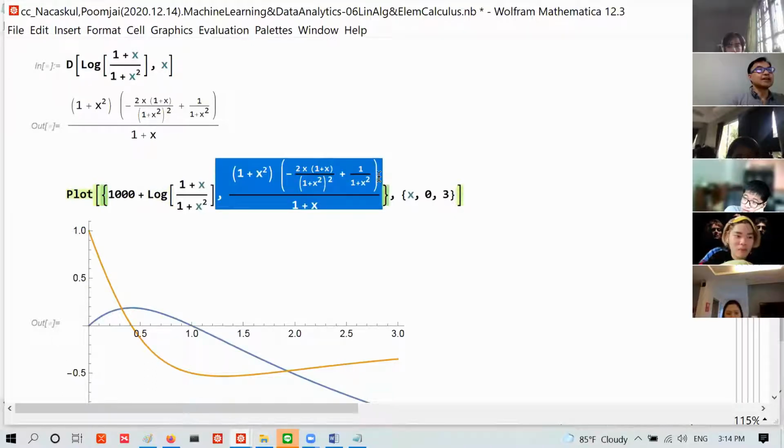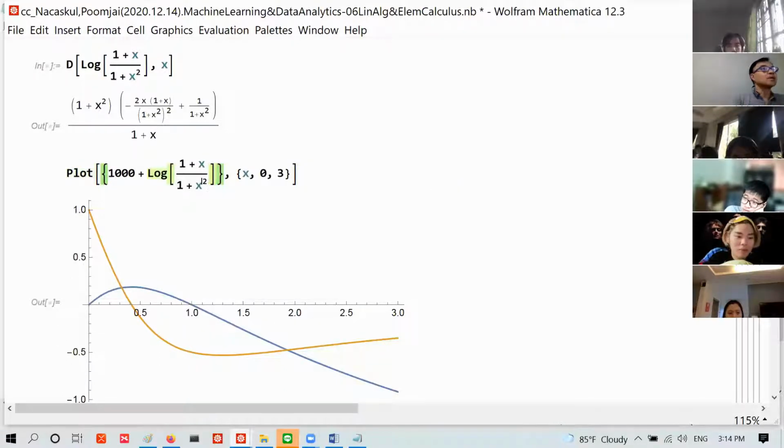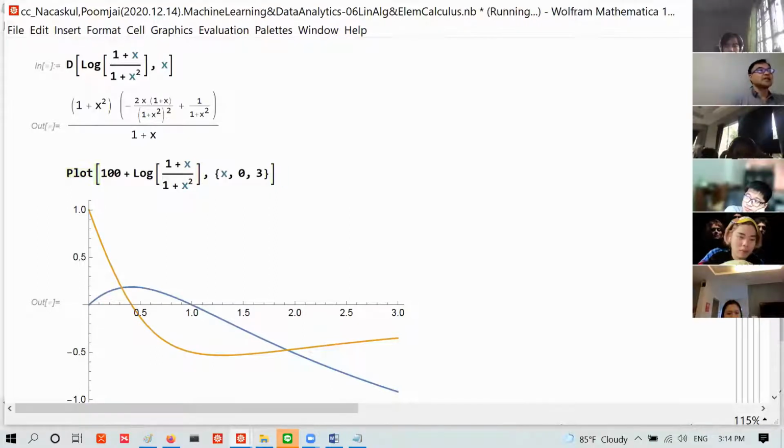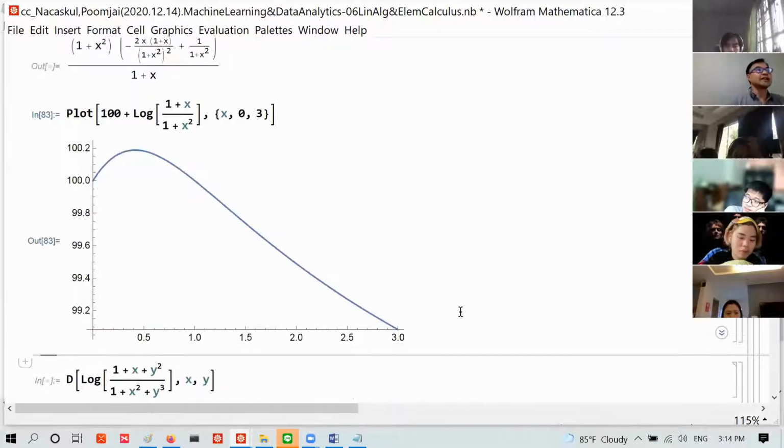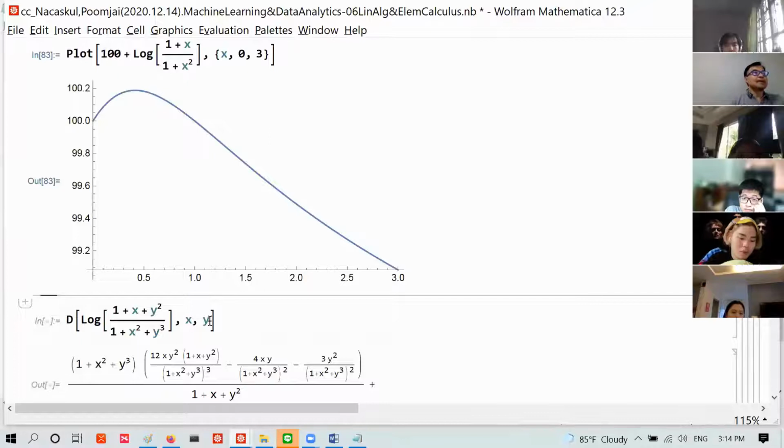I'm going to plot this function. Okay. So let's say I'm going to make this function. So let's say this is the rate of change. So this could be time. So let me go back.